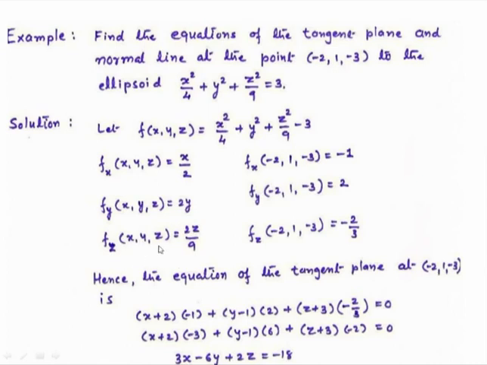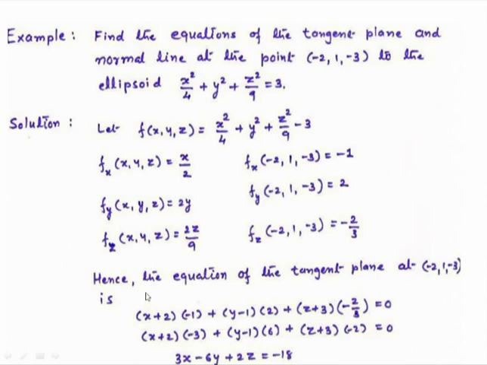Now fz at the point (minus 2, 1, minus 3): 2z by 9 and z is equal to minus 3, so we get the value minus 2 by 3. Hence the equation of the tangent plane at the point (minus 2, 1, minus 3) is (x plus 2) into minus 1. This is the partial derivative of f at the given point, so this is minus 1.